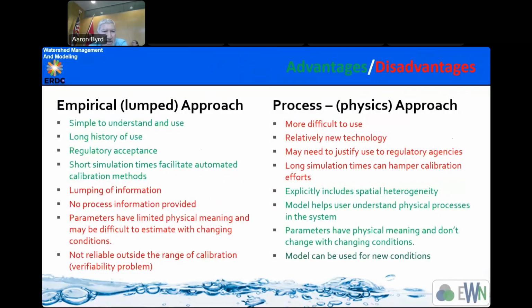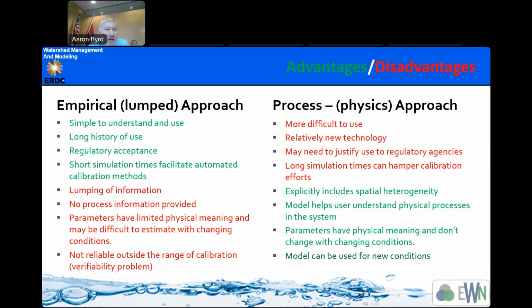So some advantages and disadvantages of the different approaches. Empirical models are simple to understand and use. There's a long history of use. I mean, going back to the 70s, a lot of these models that we still use today are really old. And with that comes regulatory acceptance, because you kind of understand the model, you've seen it, it might even be written into the codes.